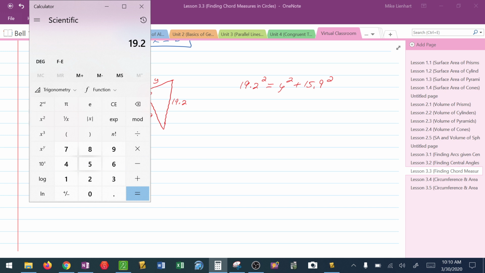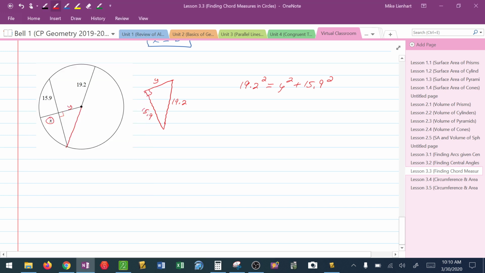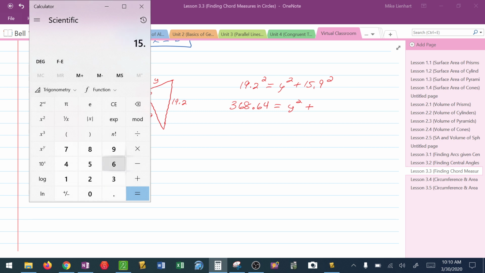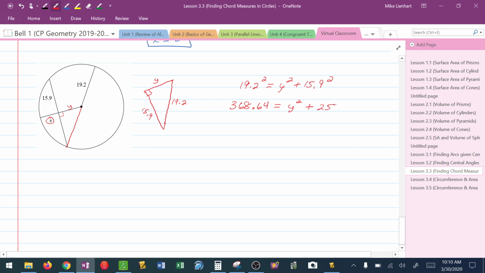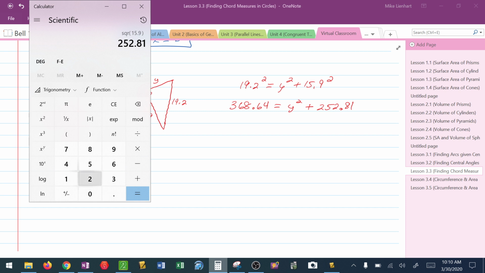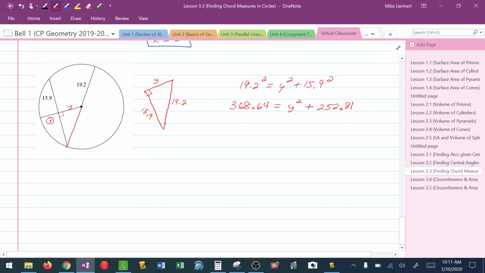Square 19.2, I get 368.64. Square 15.9, I get 252.81. I'm going to subtract 252.81 from 368.64. And that gives me 115.83.